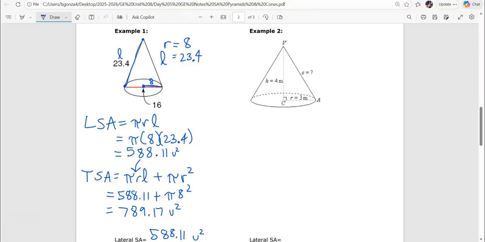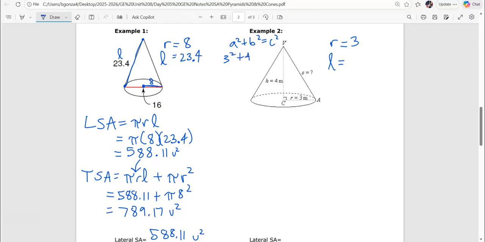All right, now over here we got to find the radius, which is right here. R equals 3. That's cool. But here's where we got to do some math. The slant height is not 4. The slant height is not 4, okay? So we got to use a squared plus b squared equals c squared. Okay, but we've actually done this multiple times where it's 3 and 4.